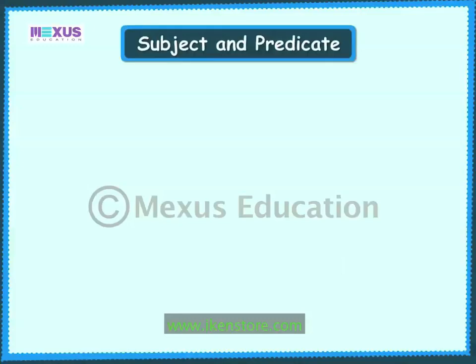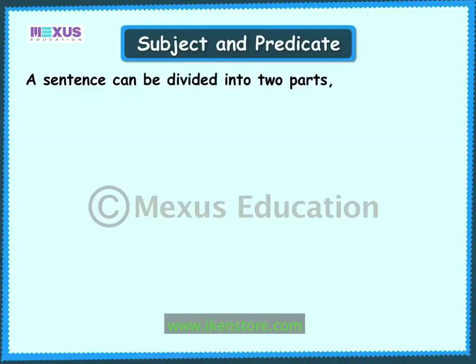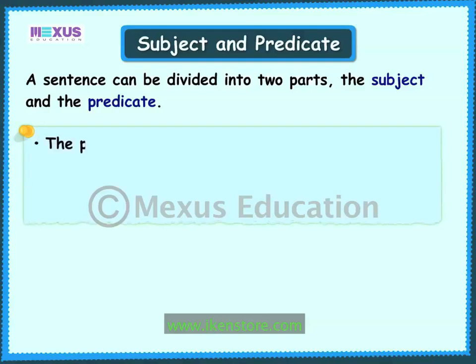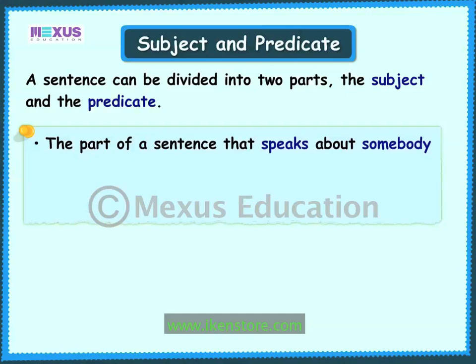Now that we have learnt what a sentence is, let's learn about the parts of a sentence. A sentence can be divided into two parts, the subject and the predicate. The part of a sentence that speaks about somebody or something is called the subject.